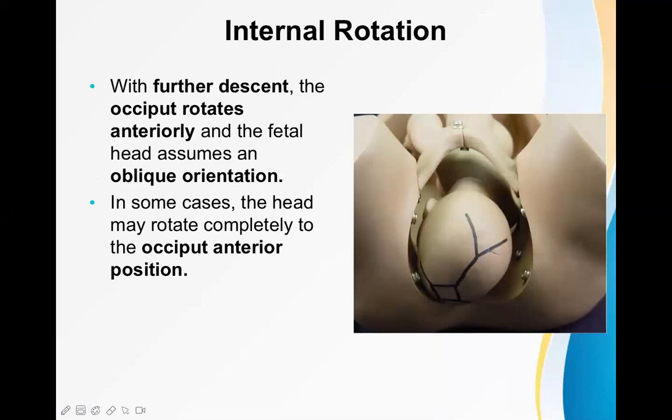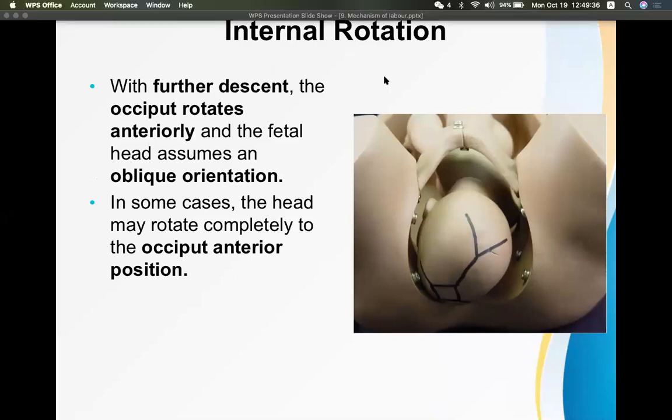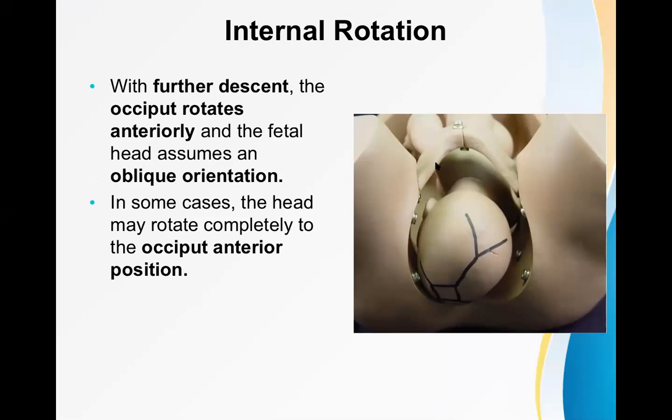Now, let's move further. What is internal rotation then? Regarding the internal rotation, with further descent, the occiput rotates anteriorly and the fetal head assumes an oblique orientation now. It has started to rotate. Now, what is the direction of rotation? Remember, the occiput should come anteriorly. Now see this. This is the anterior fontanelle.